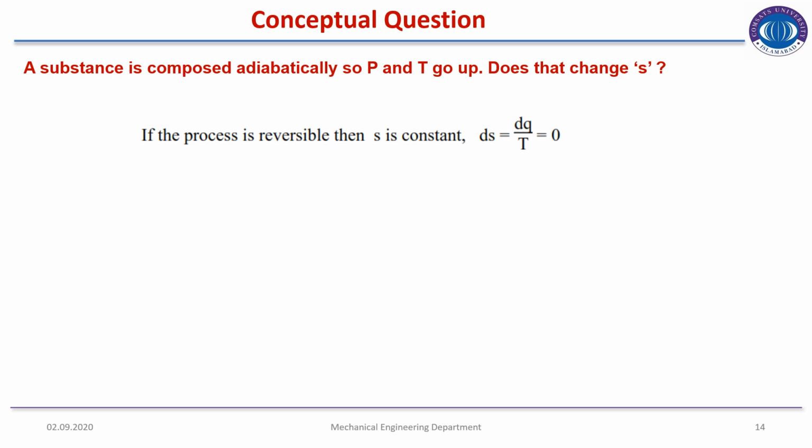If the process is reversible, then S is constant because dS is equal to dQ by T. So a reversible adiabatic process is an isentropic process. Therefore, S is constant and dS is equal to 0.